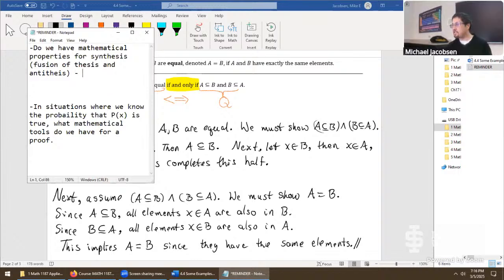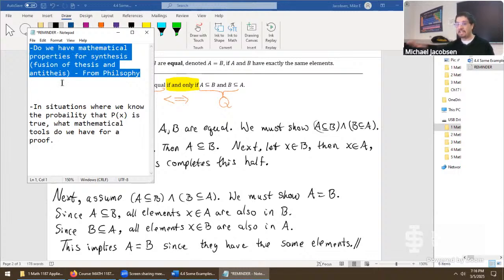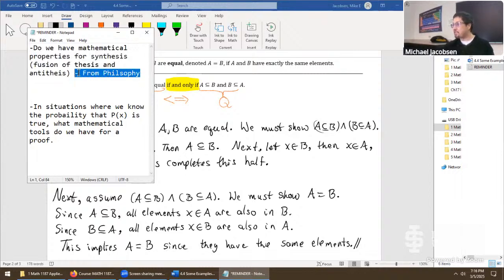Gotcha. Let me add that to this from philosophy. And you know what? Because it's a philosophy question means it's an even better question, because everything we do in logic, I mean, that is under the purview of philosophy in a very, very real sense. So yeah, I think that gives it a lot of extra context to help give a good answer to that question there.